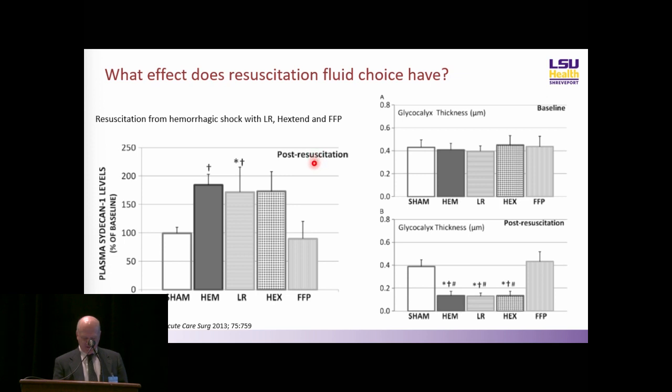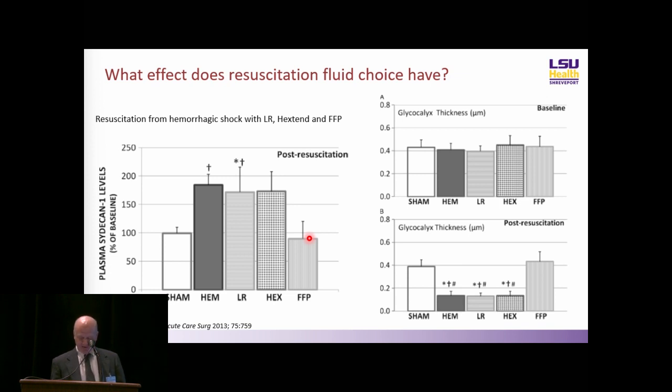In post-resuscitation, one can see that following hemorrhage compared to sham, there was a loss of glycocalyx that was not restored by crystalloid and not restored by non-albumin colloid, but was restored by FFP.